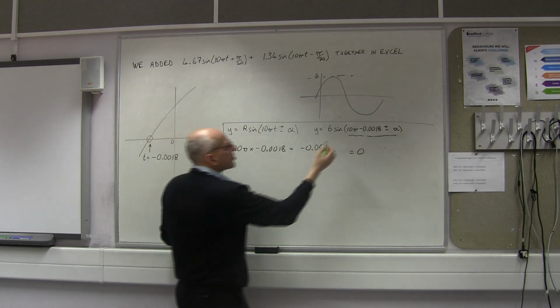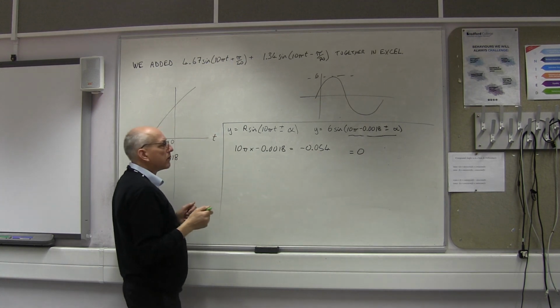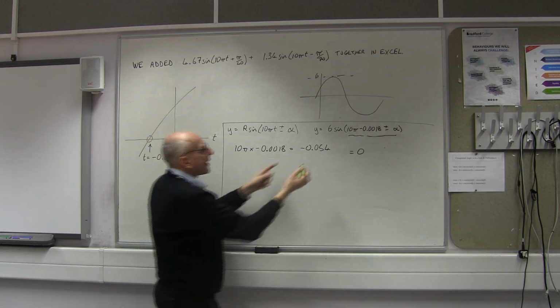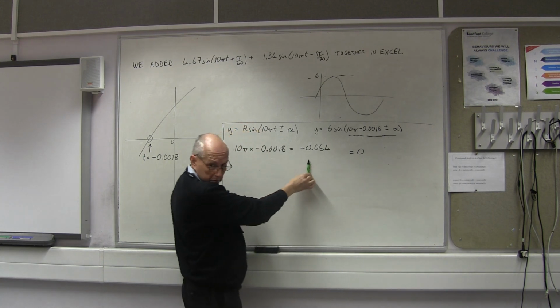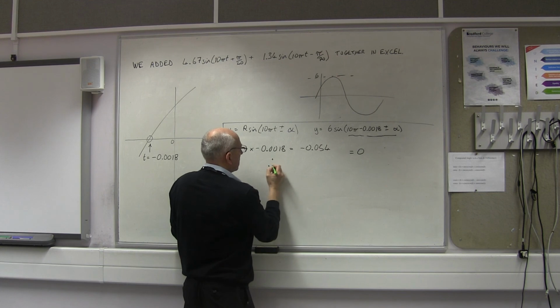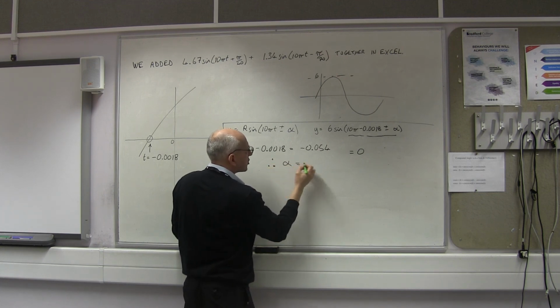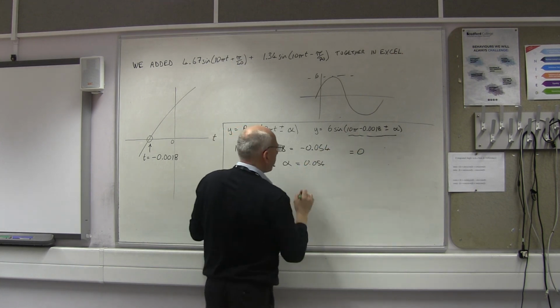Okay, so that means all that there evidently adds up to negative 0.054. So the only way I can get everything within this bracket to equal 0 is to add the opposite to it. This is a negative, so I've got to add a positive. So therefore, the phase angle must equal 0.054. So that gives me my final formula now.